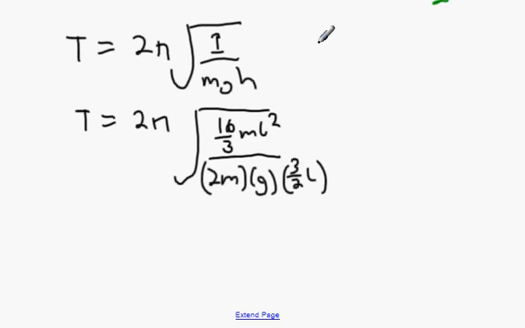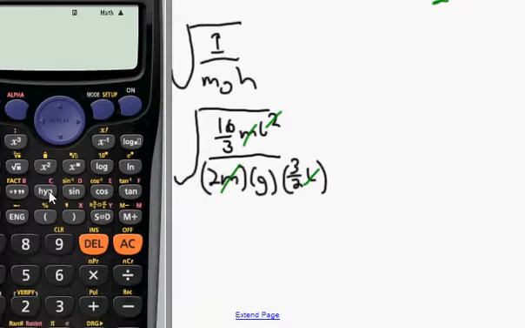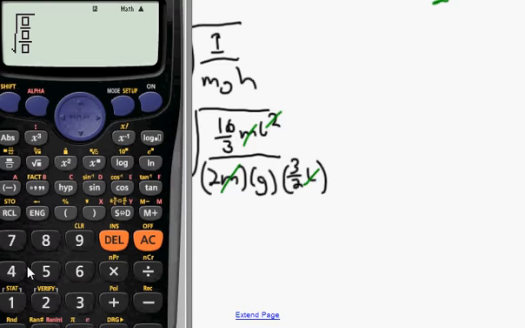Okay, so let's see what's going on here. 2M, M, L, L. Now, I'm not going to risk this in the exam. I'm just going to be careful about this. So what's it going to be? 16 over 3 on top, over 3. 4 over 3, yeah?